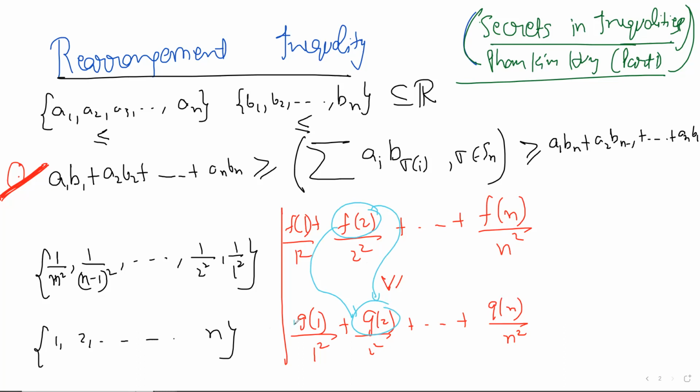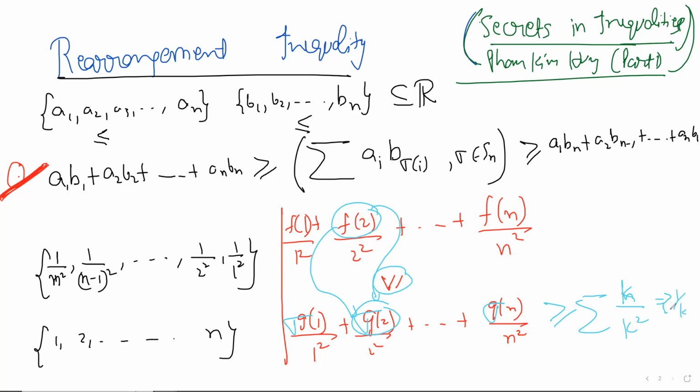What you get here will be a permutation, and certainly this will decrease, because you're just decreasing some term or keeping it fixed. But by the rearrangement inequality, this is bigger than the summation of n by k square, which is summation 1 by k.